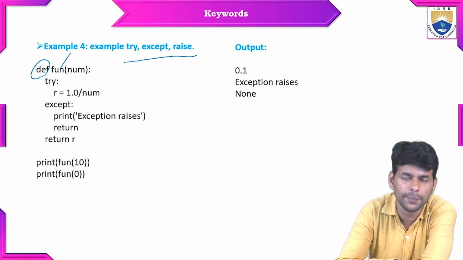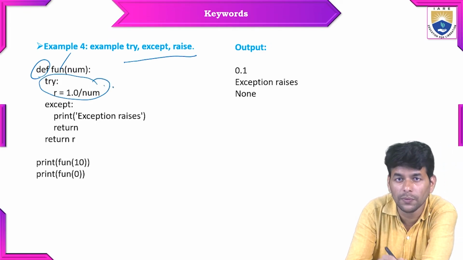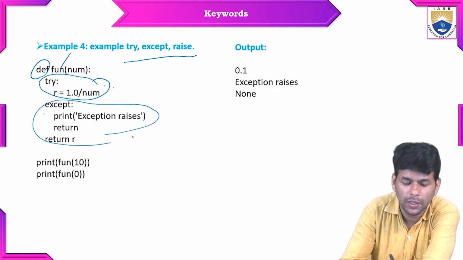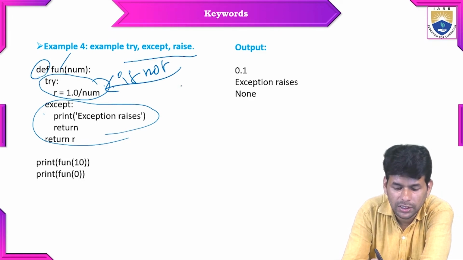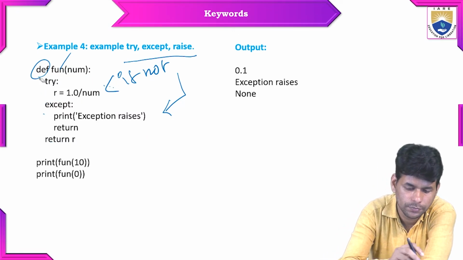If not this one, then what happens? This particular except has to be executed onto the screen. If the try does not work, then that particular statement has to be executed. Is that clear?